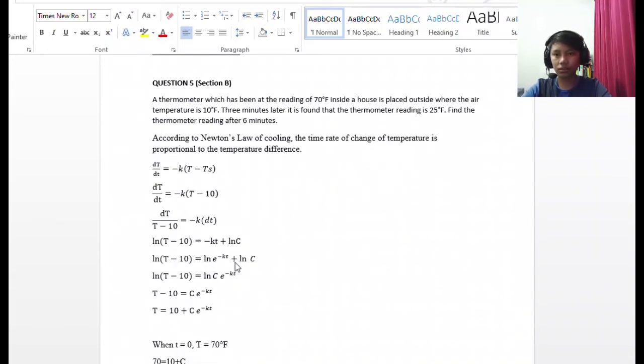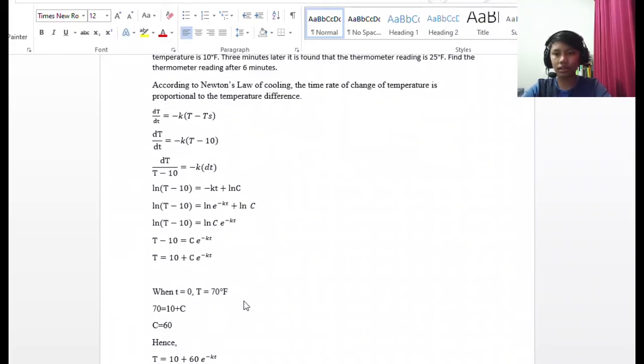After that we need to simplify, and it will become T equals 10 plus c exponent to the power of minus kt.